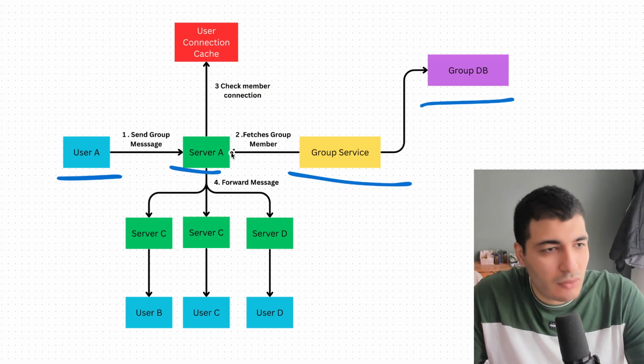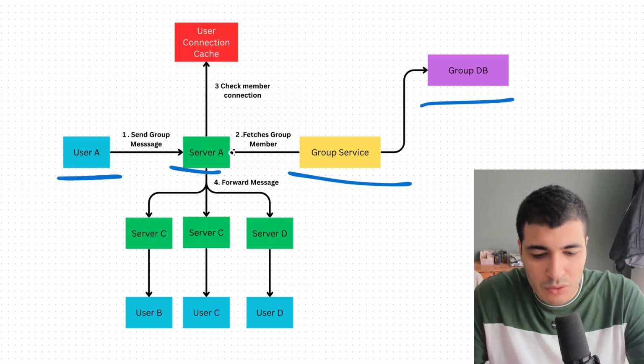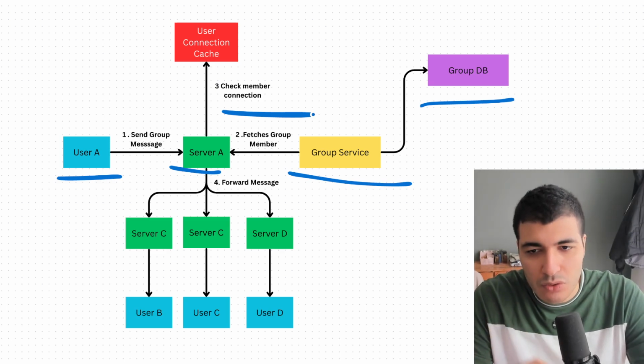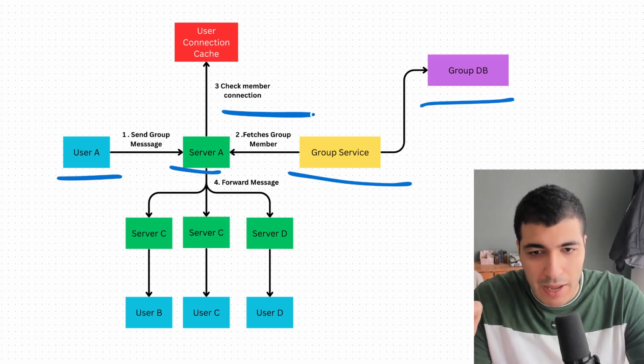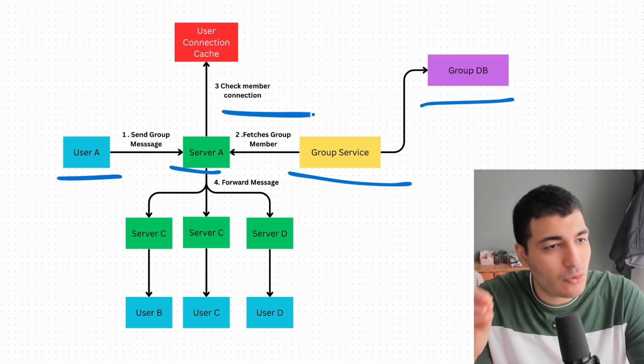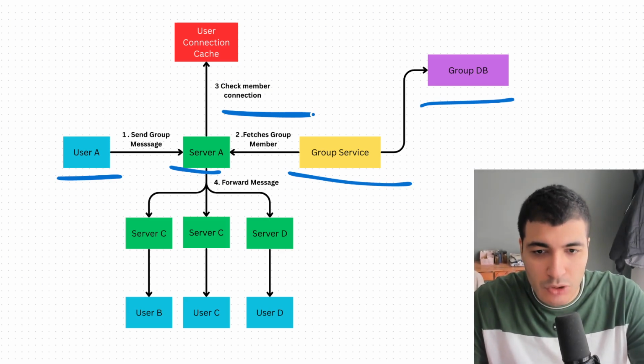After that, we will go to the next step, which is to know who is online. Server A will check the user connection cache to see which group members are online and where they are connected. This is the third step.